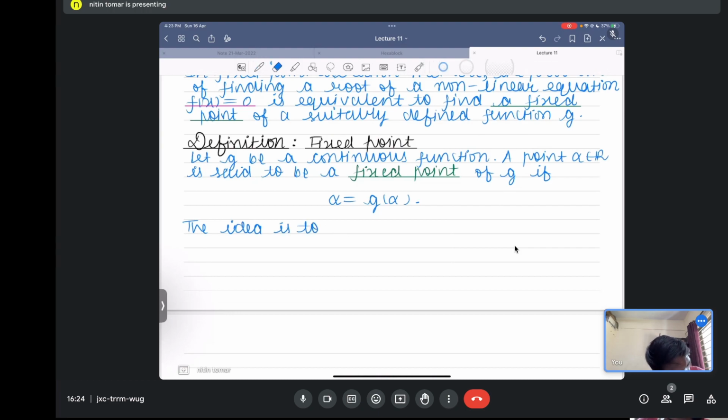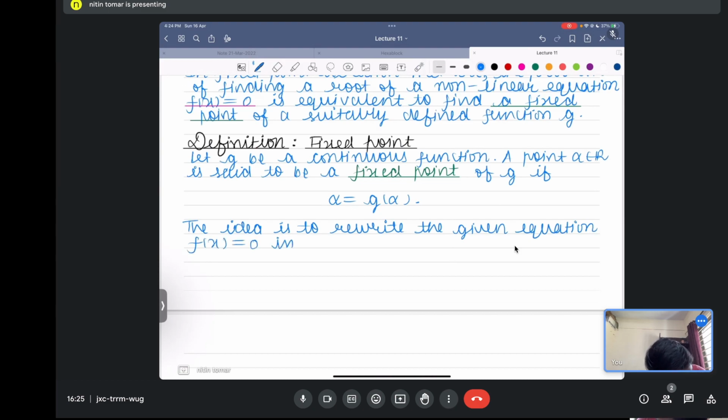So in practice, the idea is to rewrite the given equation f(x) equal to 0 in the form g(x) equal to x for some suitably chosen g.